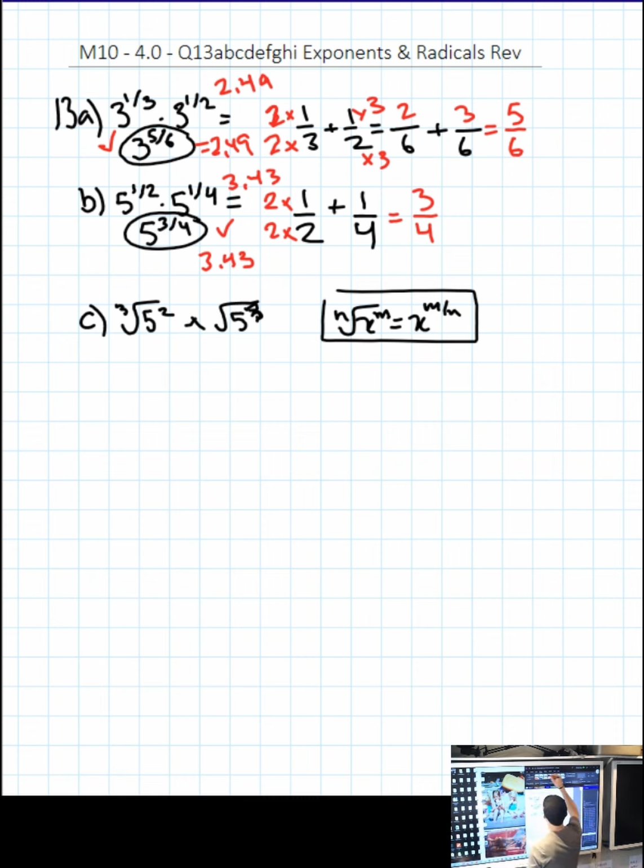Okay, so if we convert those, that's going to be 5 to the 2 over 3 times 5 to the, now it's a square root, so I'm going to put a tiny little 2 in here, which is going to be 5 to the 3 over 2.